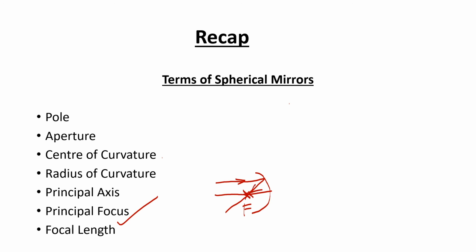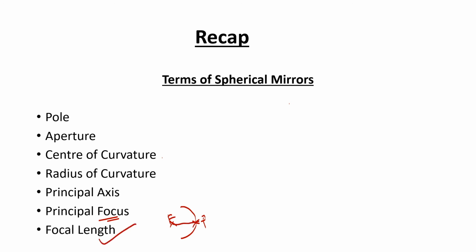All the reflected rays will converge at the principal focus. It lies on the principal axis, and the distance between the principal focus and the pole of the mirror, this is the pole and this is the focus, is known as focal length.